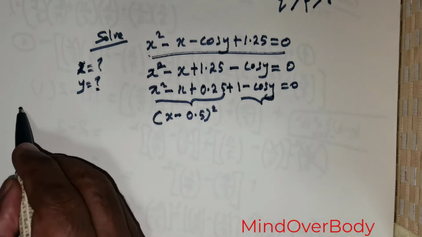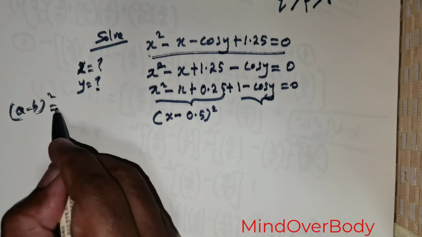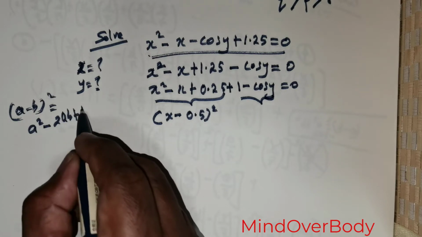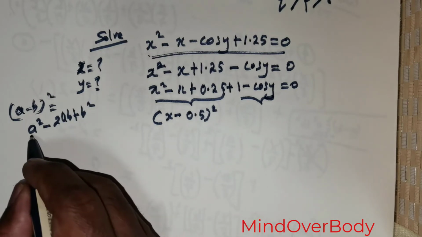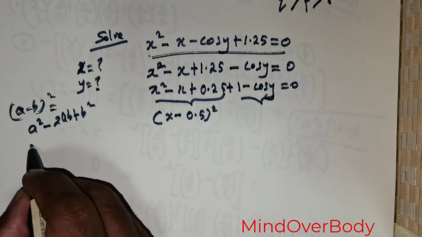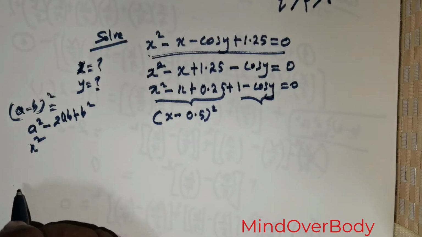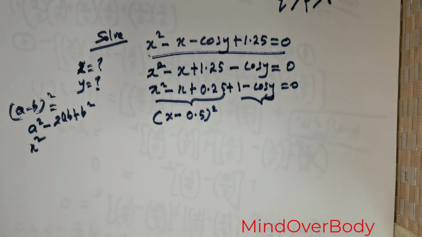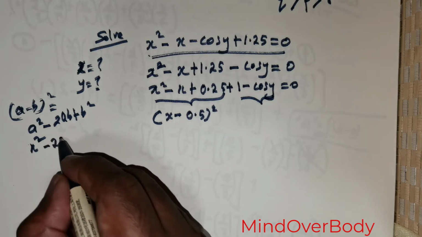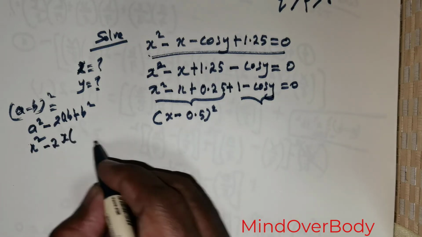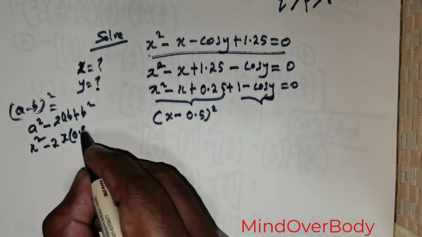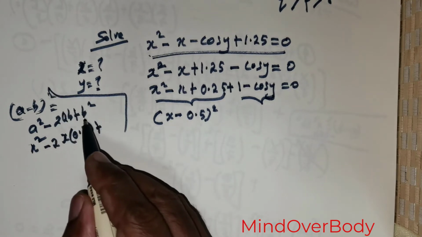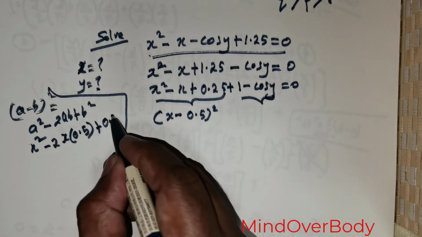Now if you were to expand this using a negative b raised to the power of 2, you would be getting a squared negative 2ab positive b squared. If I substitute the value of x and 0.25, I get x squared and 2 times ab. So 2 times ab gives 2 times x times 0.5, plus squaring 0.5 gives me 0.25.